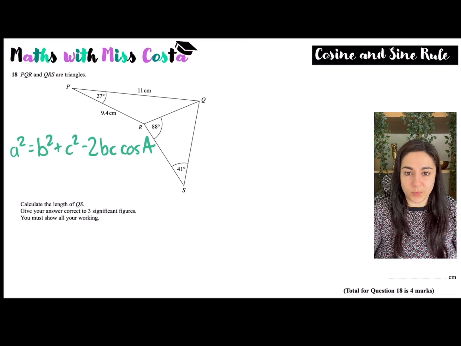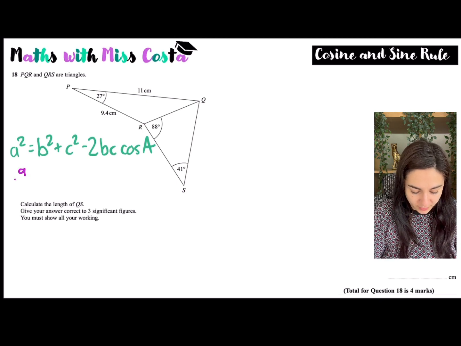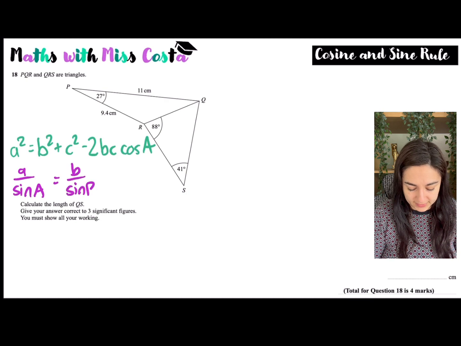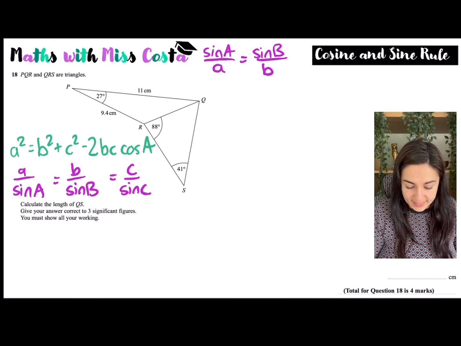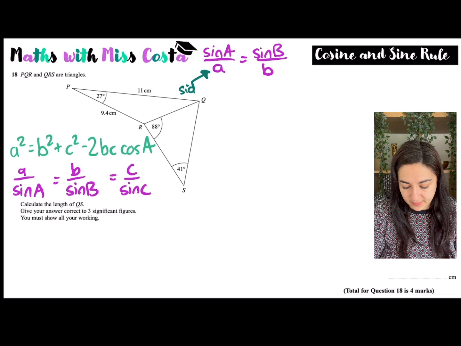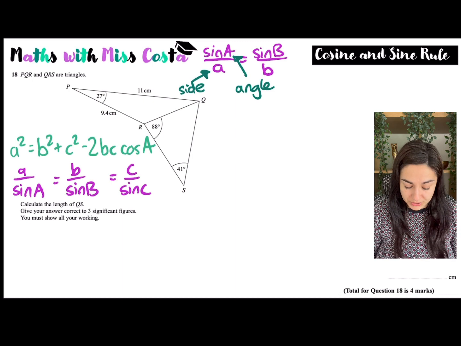But if you don't, then we'll go through this here. And then the sine rule is just a over sine A equals b over sine B equals c over sine C. And of course, these can be flipped, so it could be sine A over a equals sine B over b. The key thing is that the little letters represent the side, and the big letters represent the angle. So it doesn't matter which order you do.